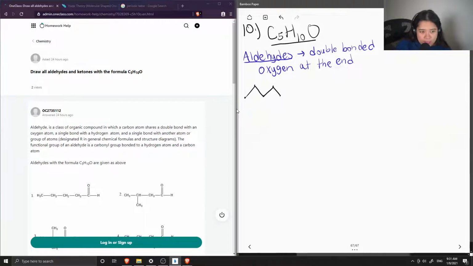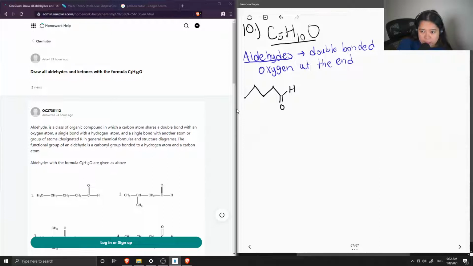So an aldehyde, again, is this double bond, and we know it's at the end because on the other side of the aldehyde there's a hydrogen. So this is an example of the simplest aldehyde you could have with the formula C5H10O.